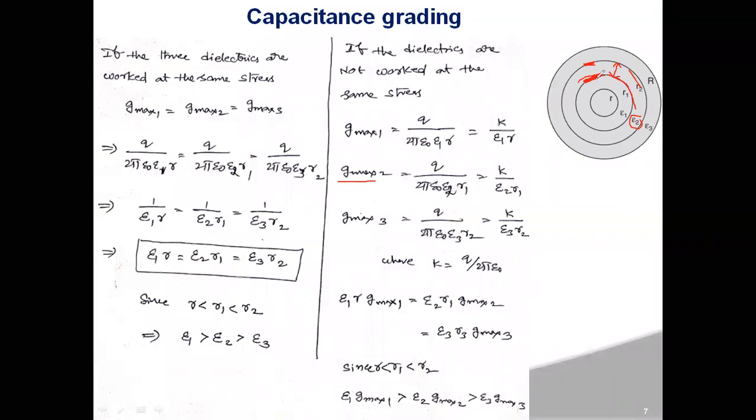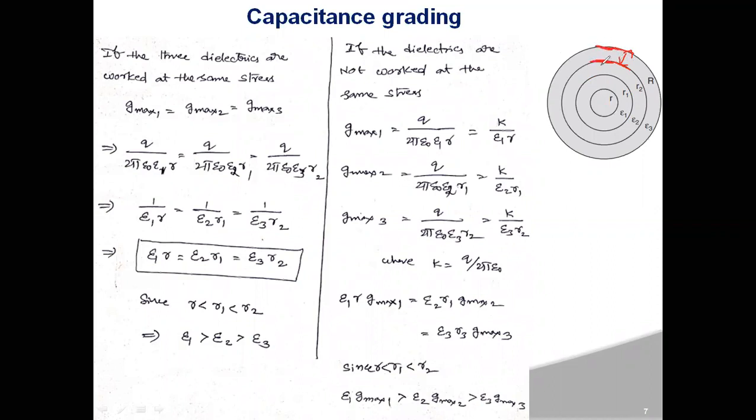And what is the distance from here to the center of the conductor? This will be r1, so x will be r1. In a similar manner, if you consider the third layer, the maximum dielectric stress will be at this layer and the minimum will be at this.